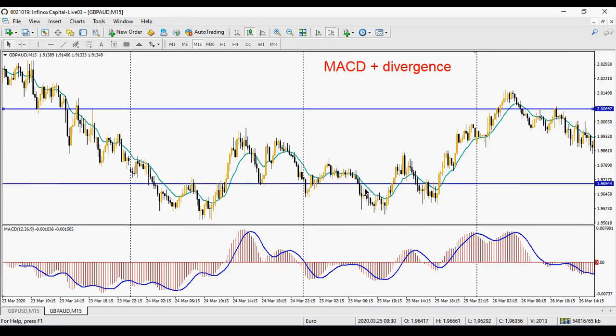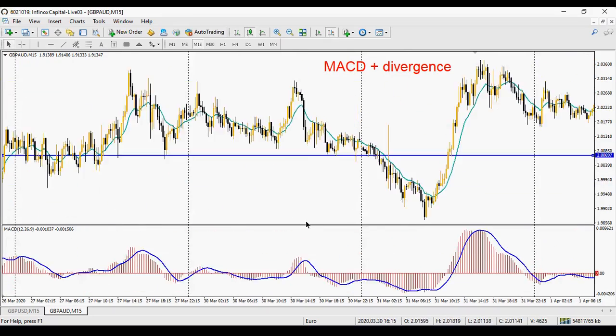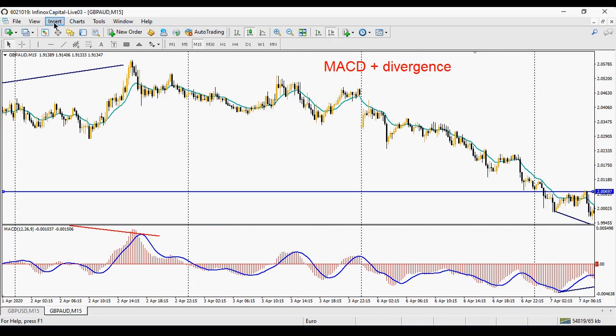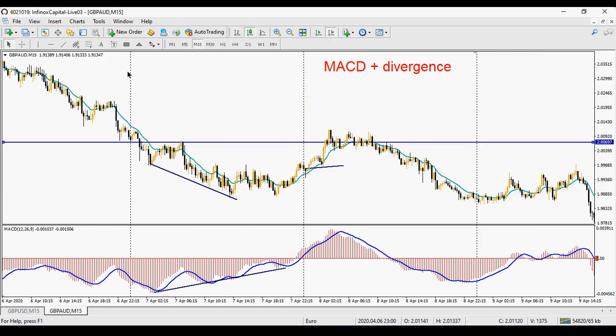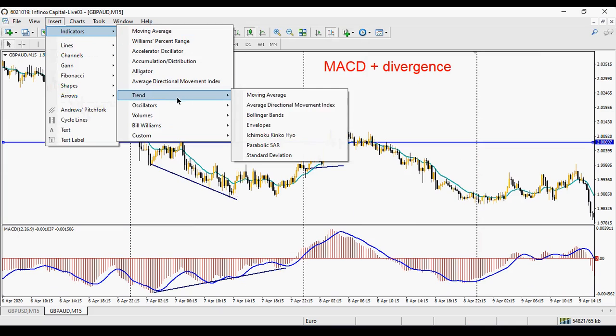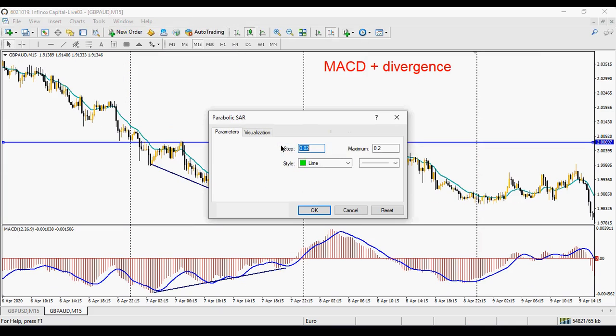Any other one? Okay. Now I don't know if this one will work: Parabolic SAR. I've not tried it before, but probably you guys can go and try the Parabolic SAR and see if it can also give you a good entry. Let me just show you the Parabolic SAR.